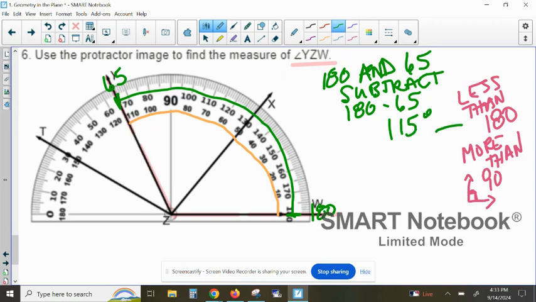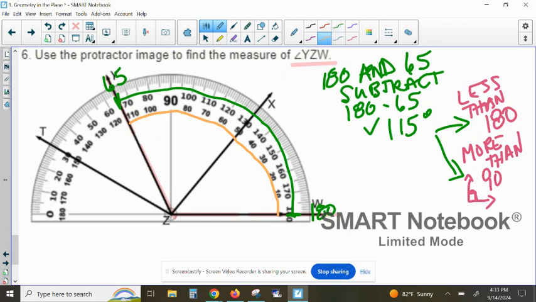Okay, is that less than 180 and more than 90? Yes, it makes sense. Now, if you accidentally added these, watch me add this. 180 plus 65, I would get 245. What? We already said it has to be less than 180. It is clearly not open past full and going around this way. That doesn't even make sense. So think about what you're doing here.